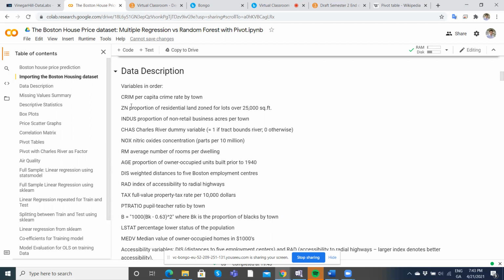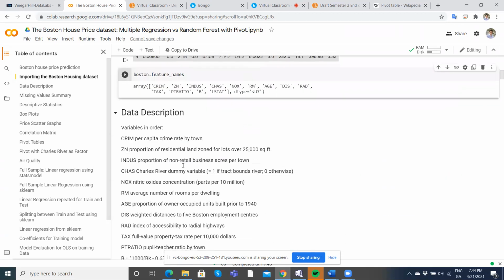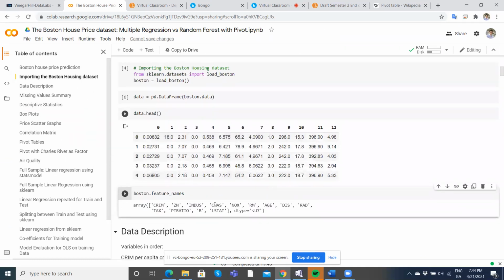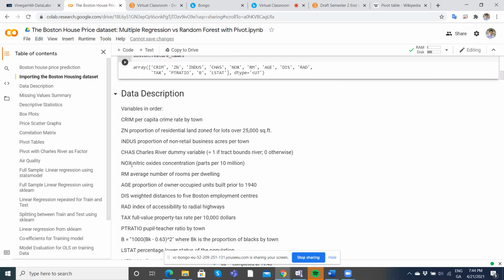The proportion of residential land zoned for over 25,000 square feet. So the bigger the lot, the more probably pricey you'd expect the property. And remember, we're trying to predict also here the median price of the property. It doesn't appear here, right? But the median price in 506 electoral districts.